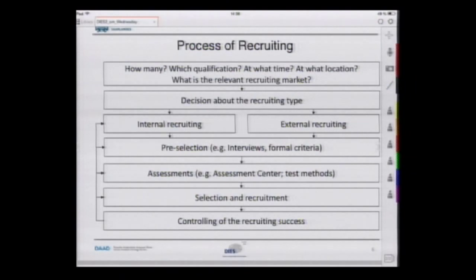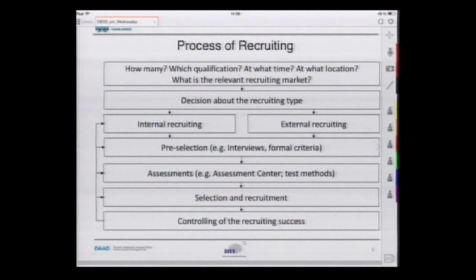If we talk about different campuses within a city or over the whole country, you have to know at what campus I need this person. And also, what is the relevant recruiting market? Is it internal or external? We have talked about this. Then you have the decision: is it internal or external recruiting?